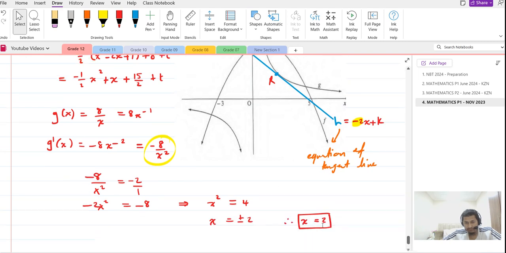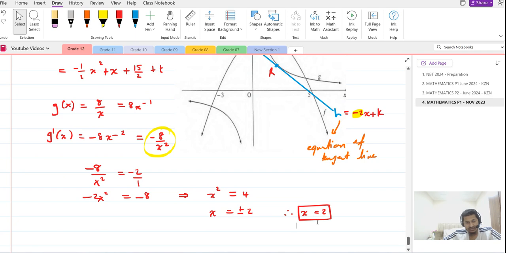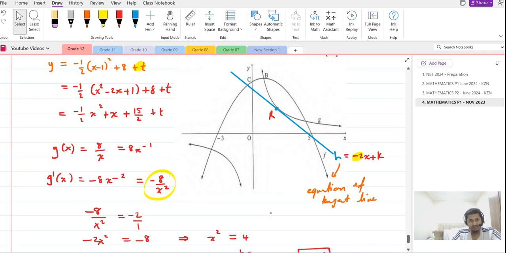Right, so since we have an answer which is x is equal to 2, that's going to help us because that's the x-coordinate of r. X is equal to 2. And what's the y value if x is equal to 2?